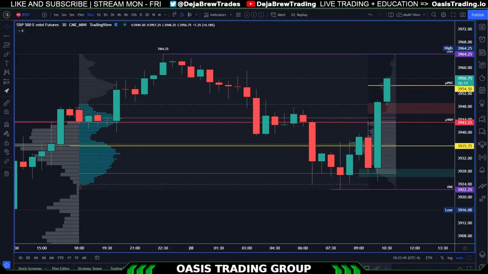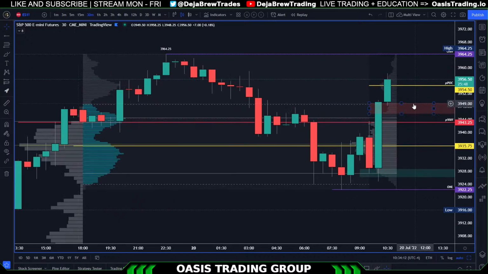Oh yeah, that crude oil number might pop us up to overnight high here. What a beautiful reaction on the value area low.